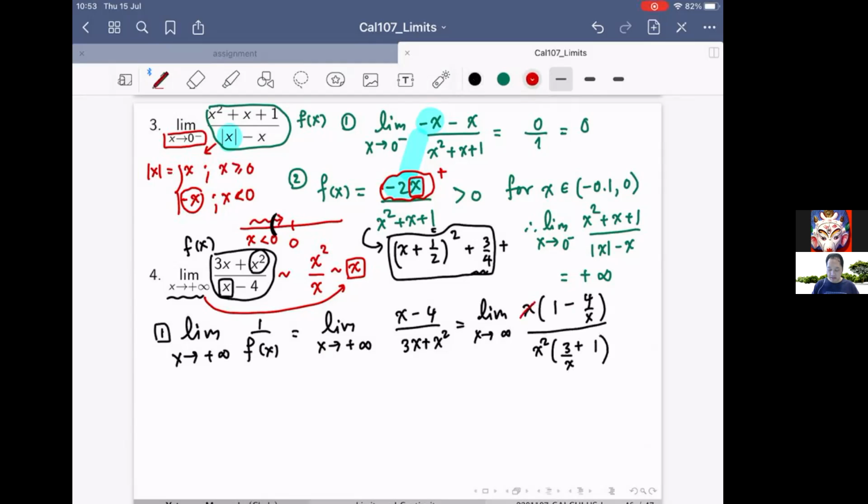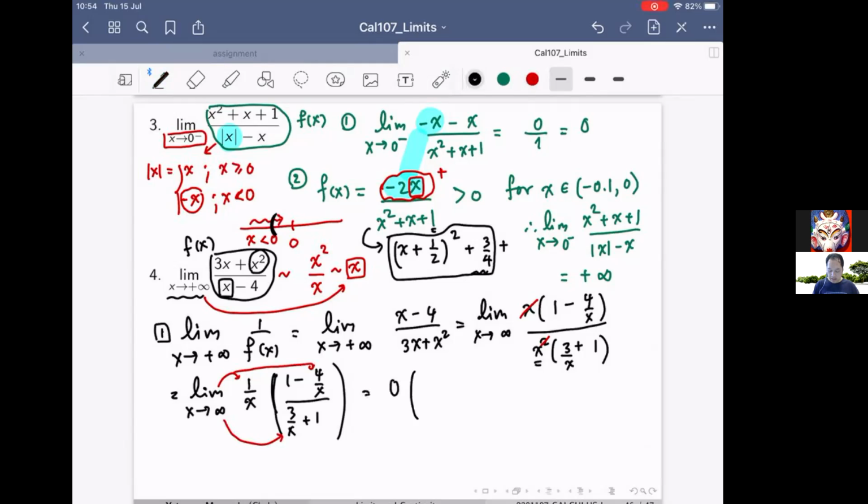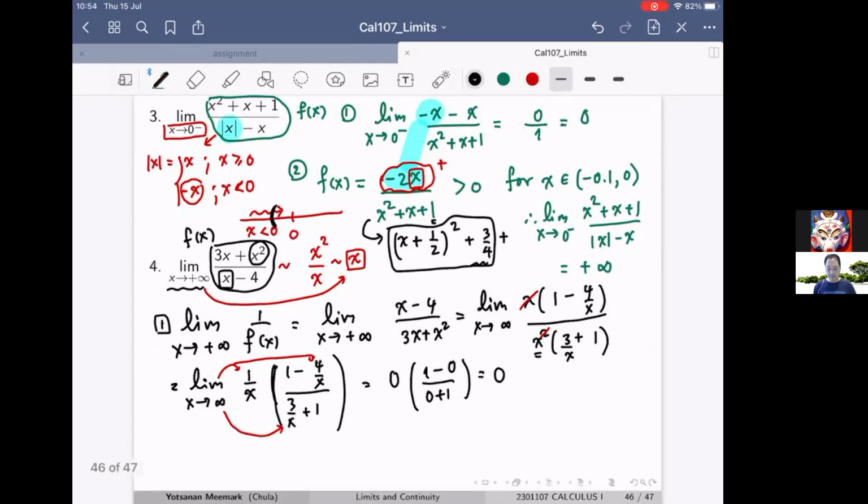And then your x can cancel, right? So you have a limit of 1 over x still left over, and then 1 minus 4 over x over 3 over x plus 1, okay? And then the limit goes to each one of them that has the x, right? So the first one becomes 0, and then this one 1 minus 0 and 0 plus 1. So it is all 0, right? So we know that the limit of the reciprocal already goes to 0.